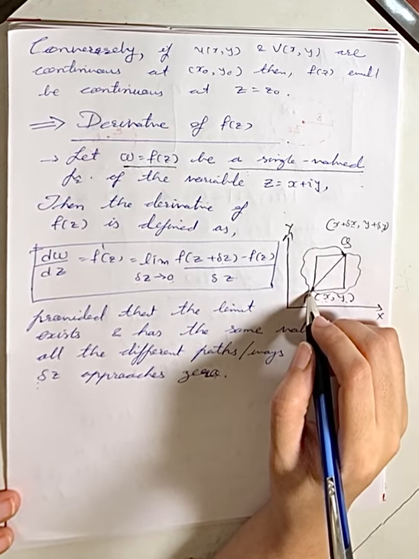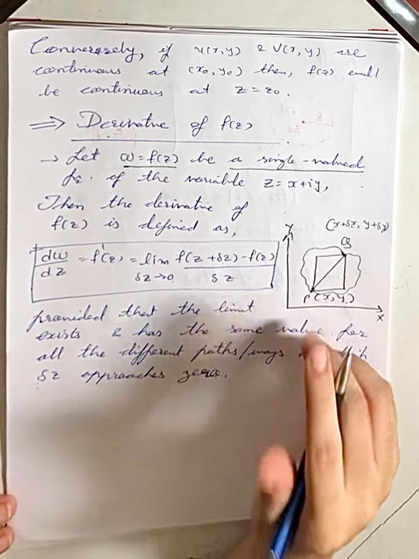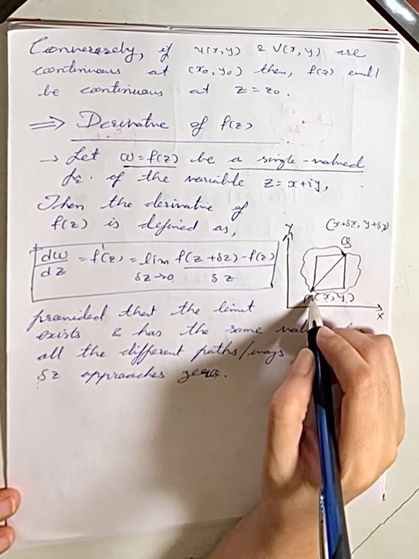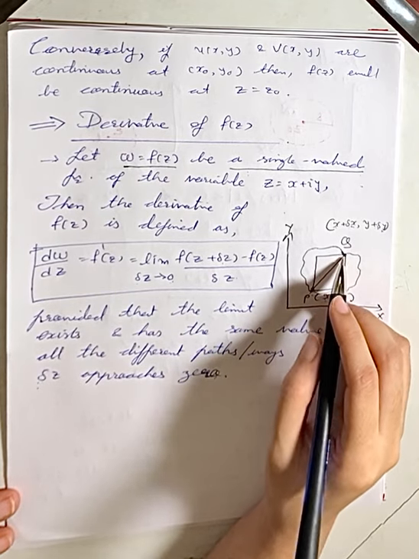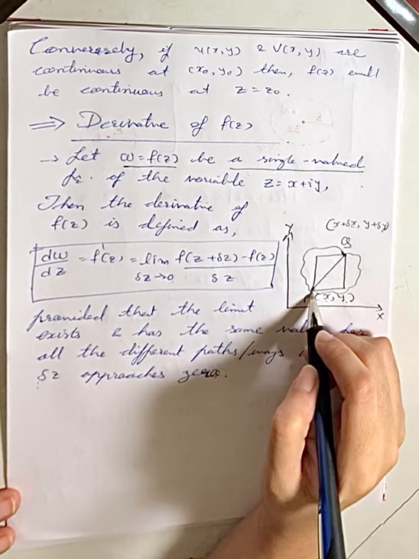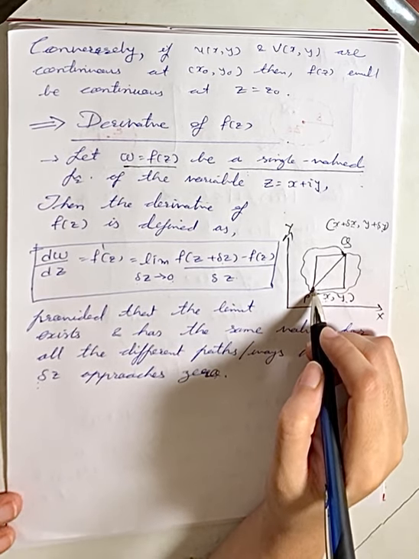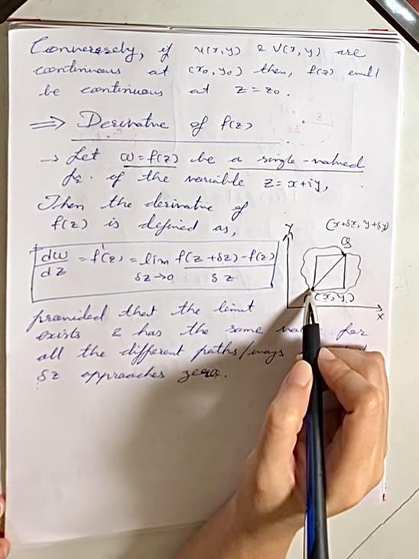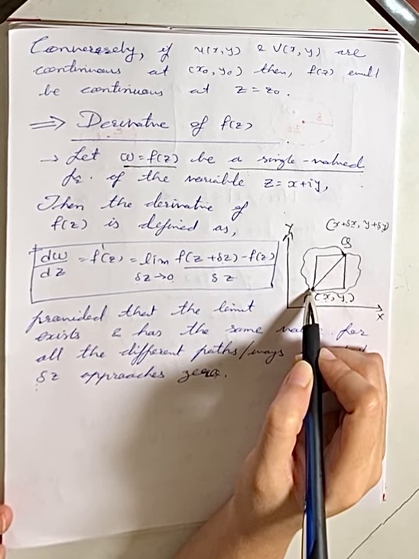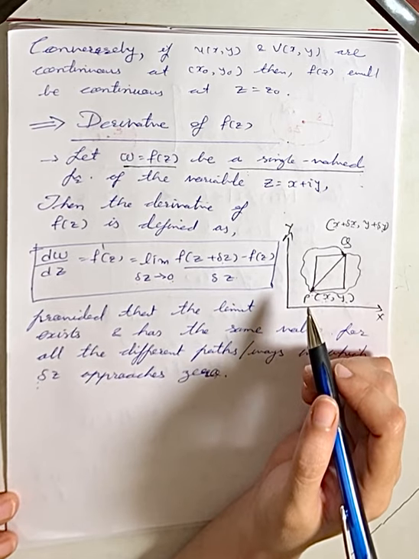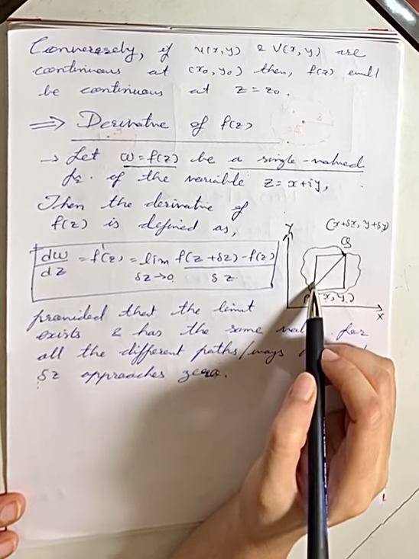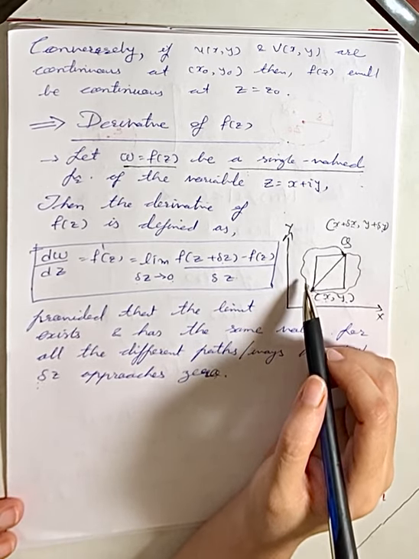Now what is the problem here? It is possible that all these paths or many of the other paths could allow you to make delta z 0, but it is highly possible that the derivative itself does not exist. So you reached here, but the derivative does not exist. This is possible. Delta z may tend to 0 in any manner, and delta w by delta z may not exist.